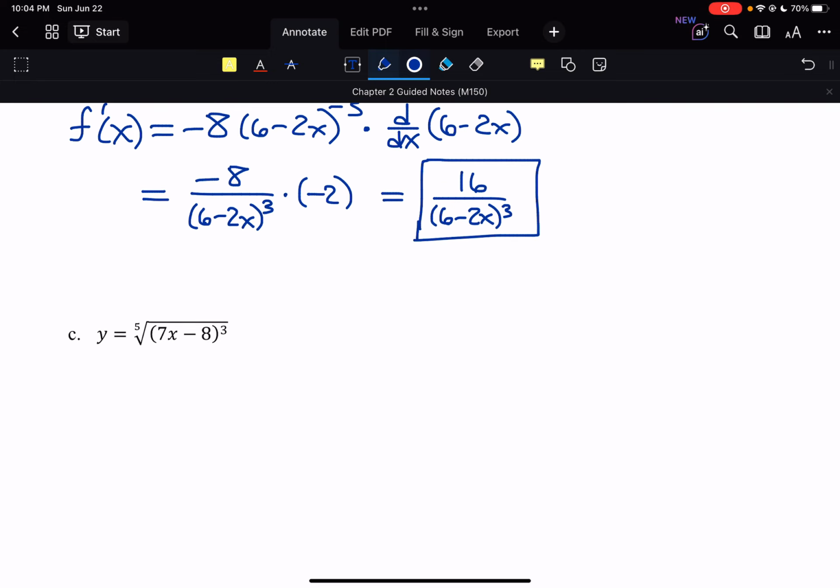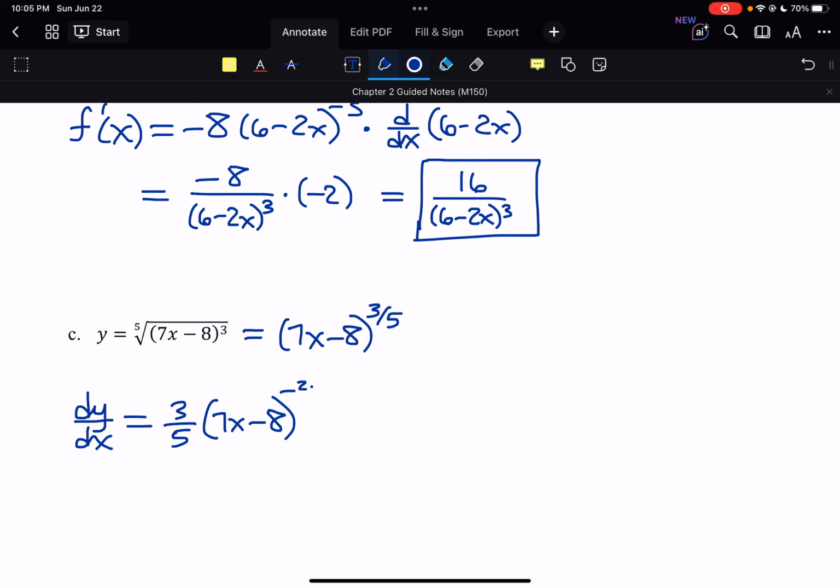And lastly, down here, we have a radical function, which again can be rewritten as a power function. So this is going to be the 3/5 power. So if we take dy dx, we bring down the 3/5, subtract 1 from the power, that's negative 2/5, times the derivative of the inside function, the derivative of the 7x minus 8.